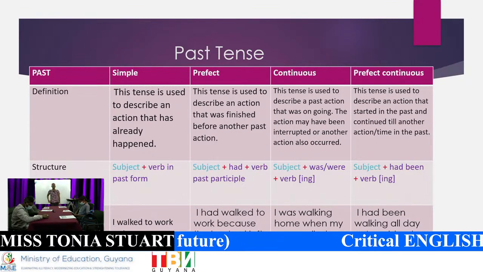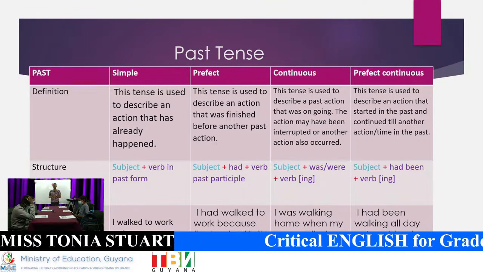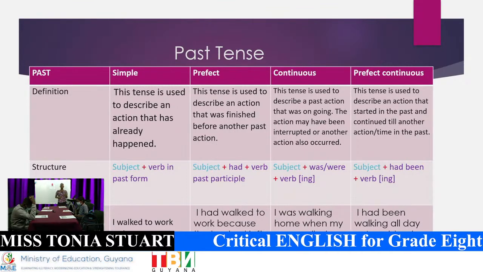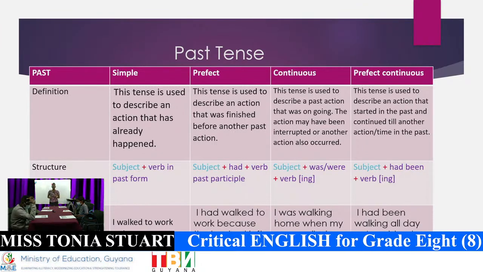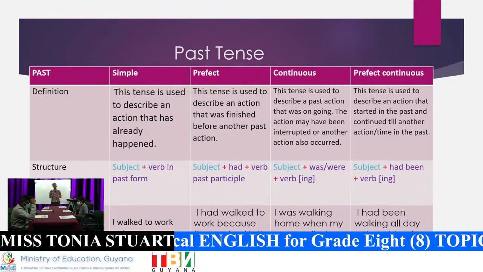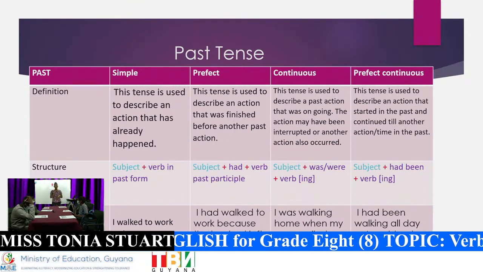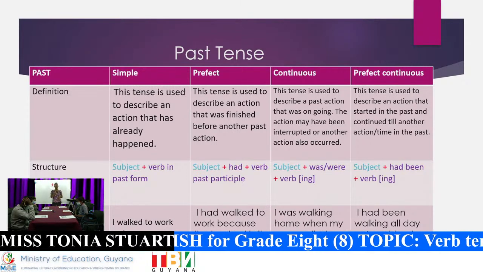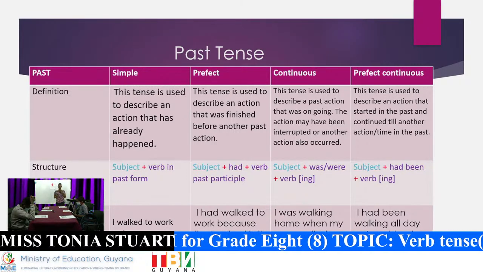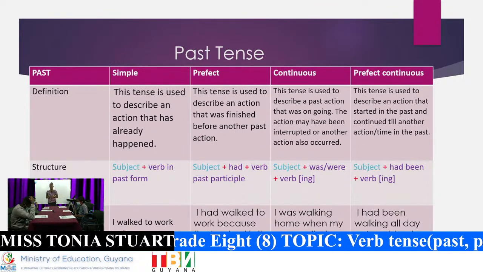This tense is used to describe a past action that was going on. The action may have been interrupted, or another action also occurred. All right? And when we're looking at the structure of this, we have the subject plus was or were plus the verb ending in ing.